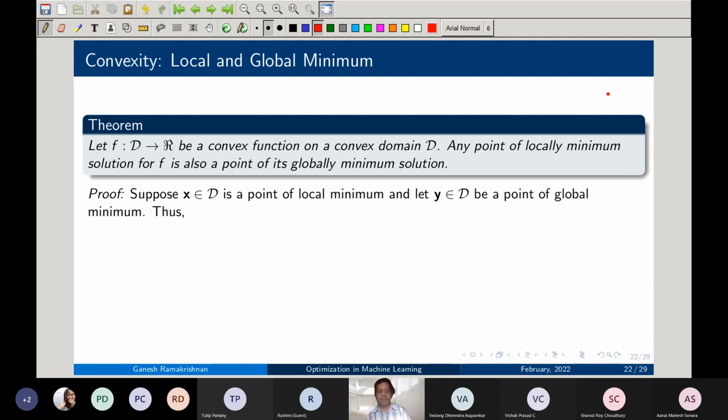Let's say x is a point of local minimum and y is a point of global minimum. What we want to show is that this point of local minimum is actually also a point of global minimum.